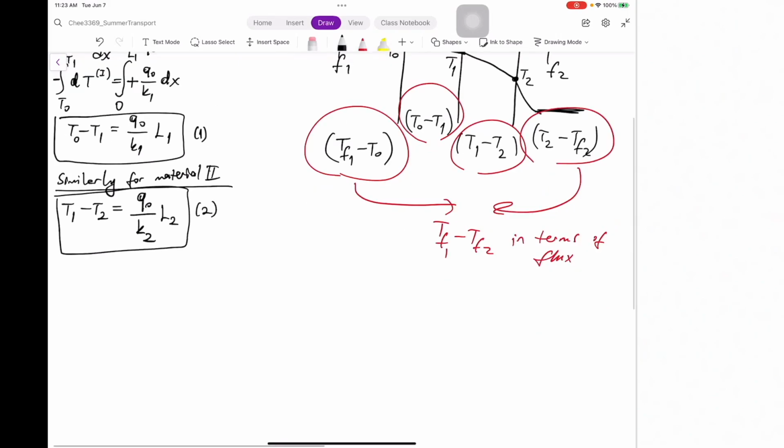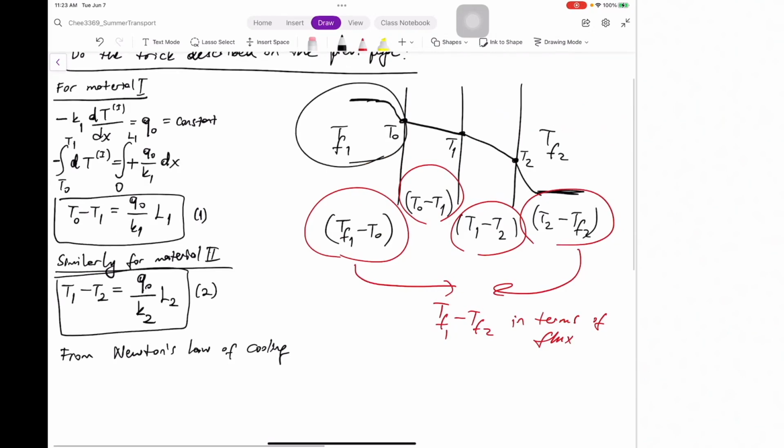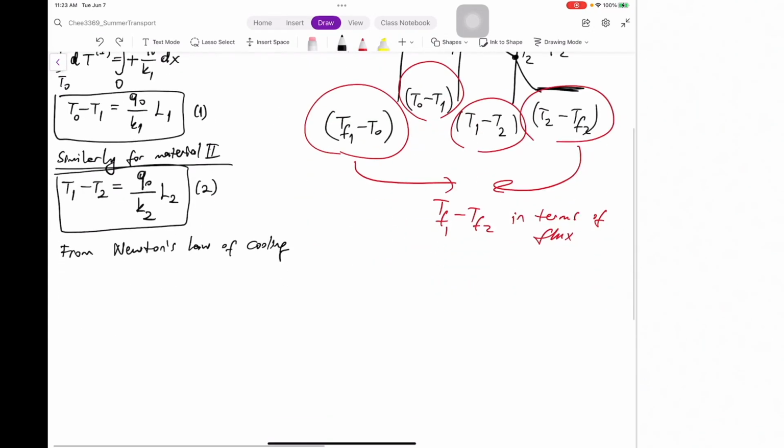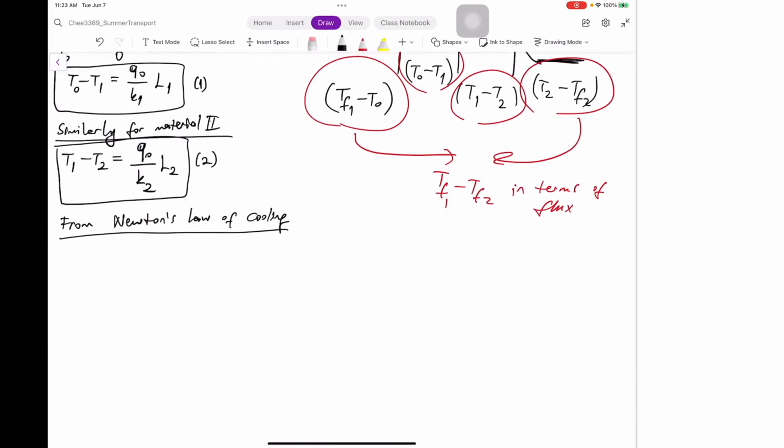Okay. And let's write Newton's law of cooling for this side. And you find Tf1 minus T0 times H is equal to the Q0, but you can write it as Q0 over H1 for fluid 1.